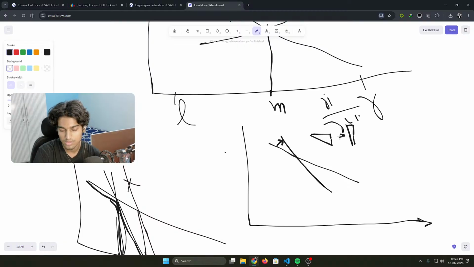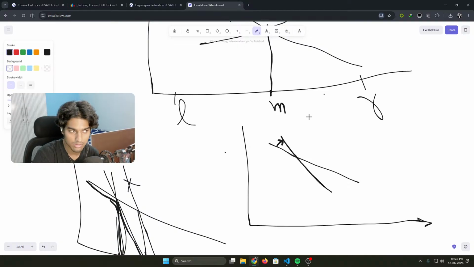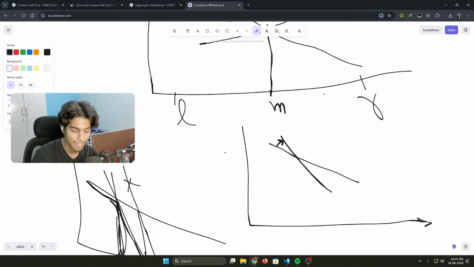What is the difference between these two? Where slope is bigger? So slope is bigger here, right? Exactly. It's decreasing basically. Okay. So we are assuming slopes are decreasing. So I'm not gonna check it.